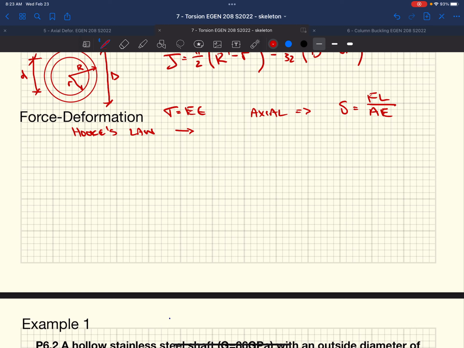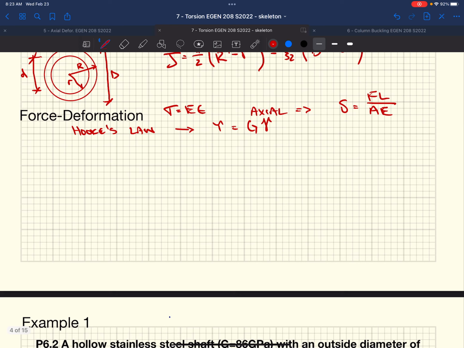I showed you in chapter 4 the shear stress relationship. It's very similar: the shear stress equals the shear modulus times the shear strain.